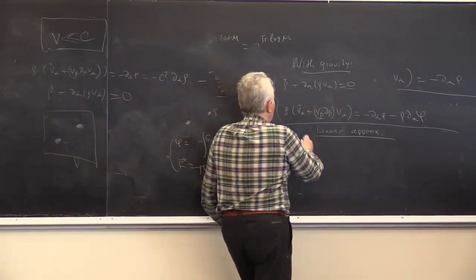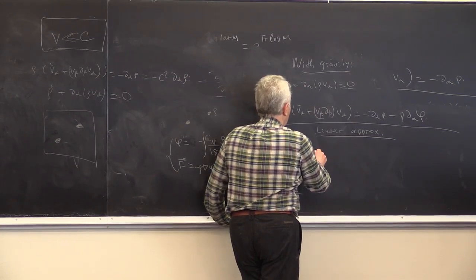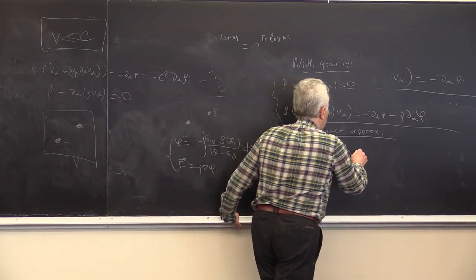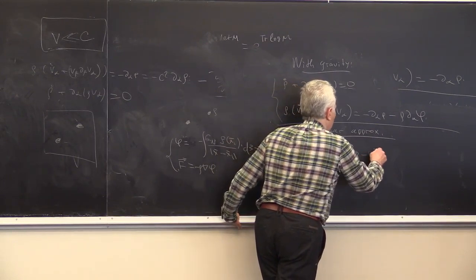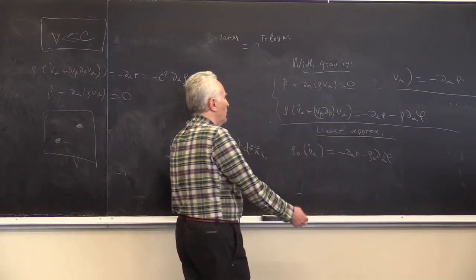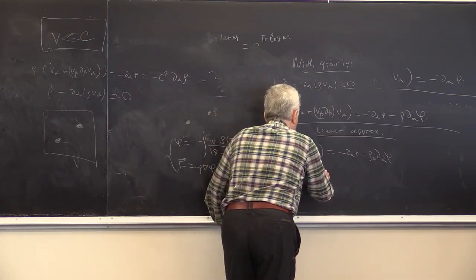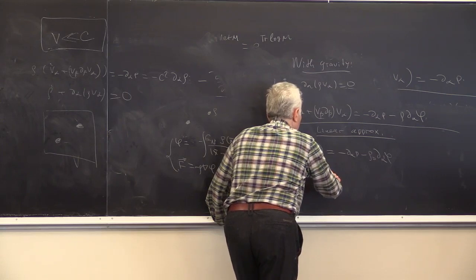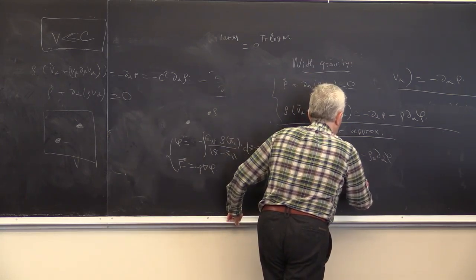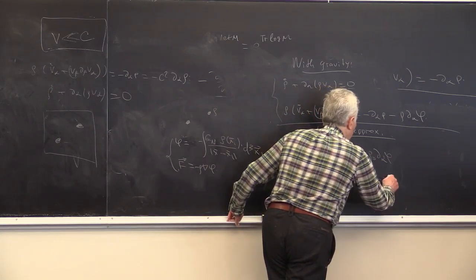We drop this term, we set rho to rho 0, and d_alpha dot is equal to minus d_alpha p minus rho 0 d_alpha phi. Remember we took the divergence of this equation when we discussed sound. So we have this thing, and it is minus c squared Laplacian of rho 1 minus rho 0 Laplacian of phi.